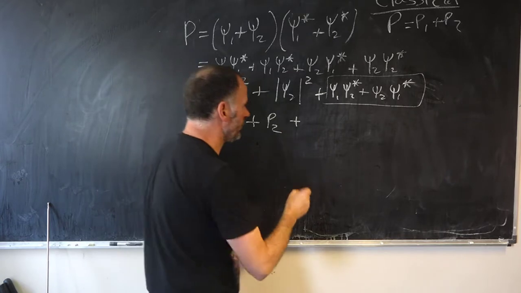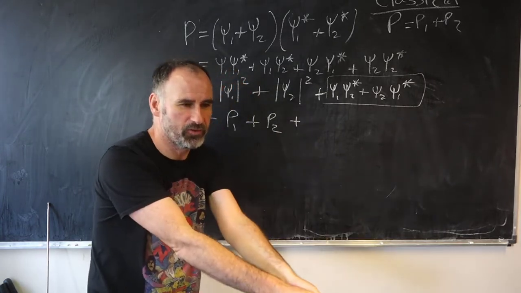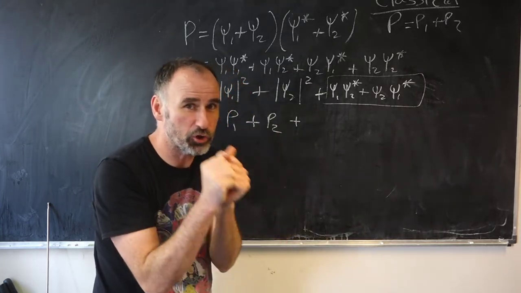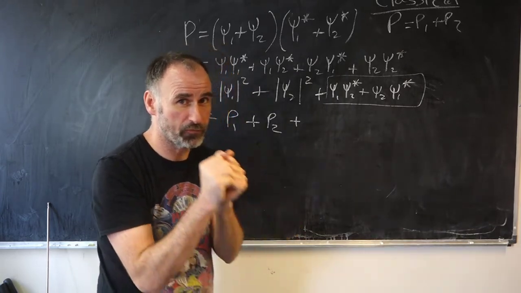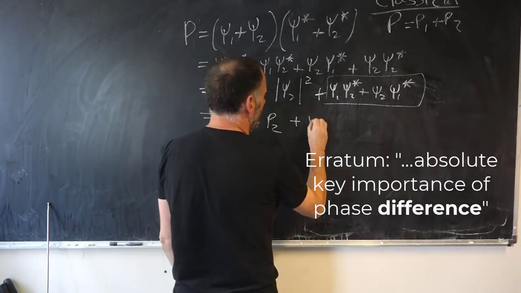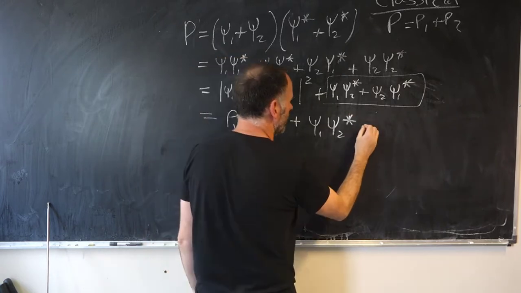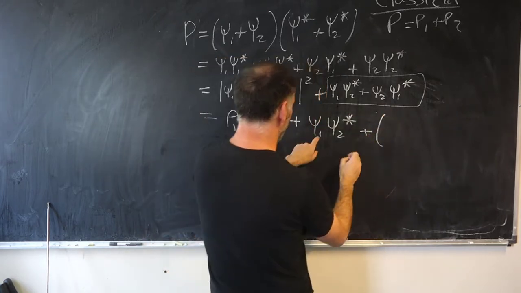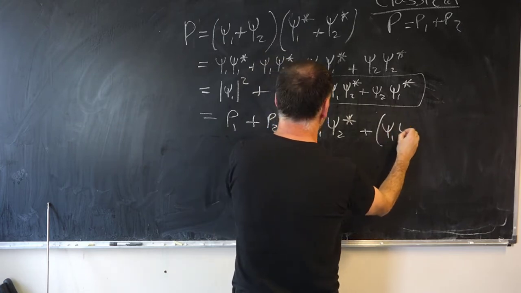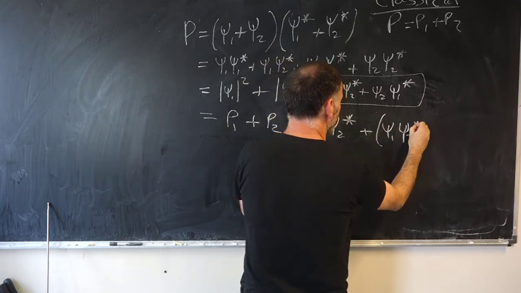Let's work this through. The reason behind what I'm doing here is to show you the absolute key importance of phase. So what we have is psi1 psi2 complex conjugate, and psi1 complex conjugate psi2.